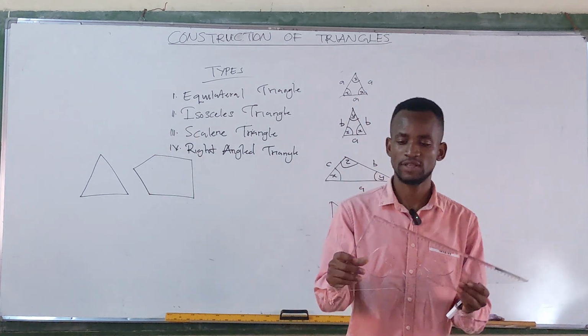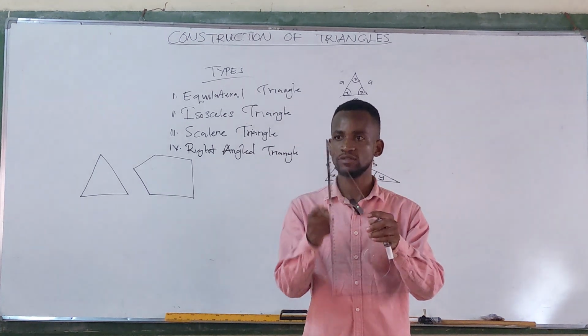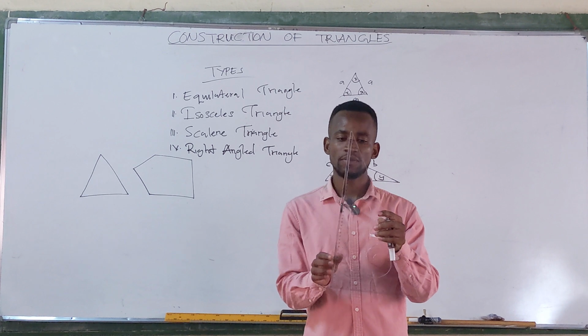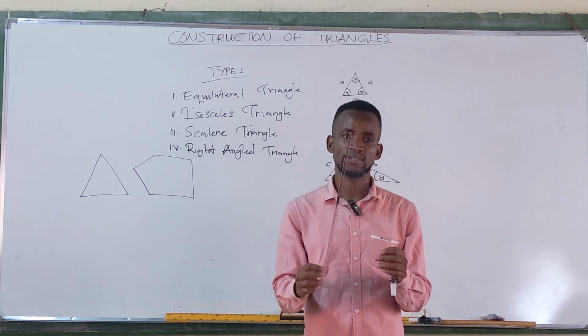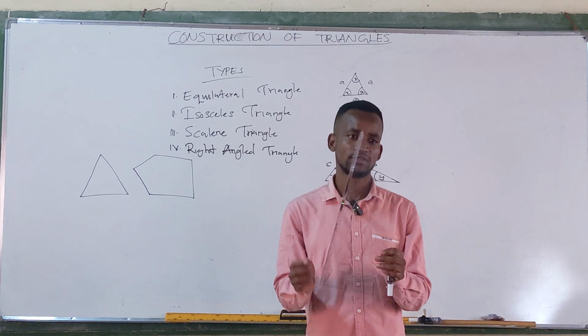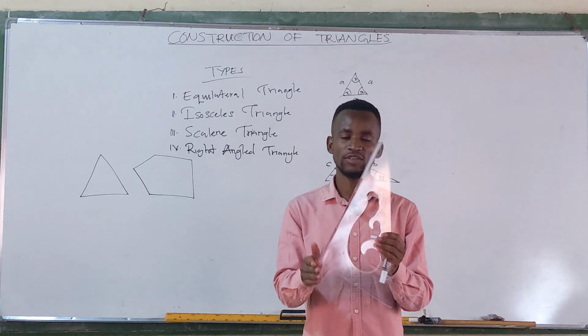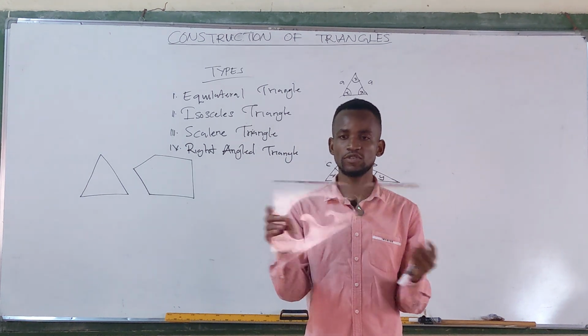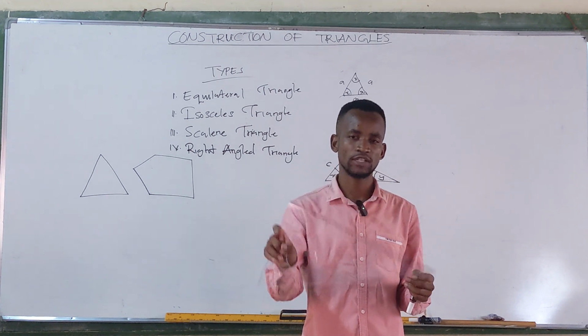This one is a right-angled triangle because these two edges meet at 90 degrees, right? But again, when you consider the length of sides, this one is different, this one is different, and this one is different. They are totally different. So it's a right-angled triangle, but also a scalene triangle.